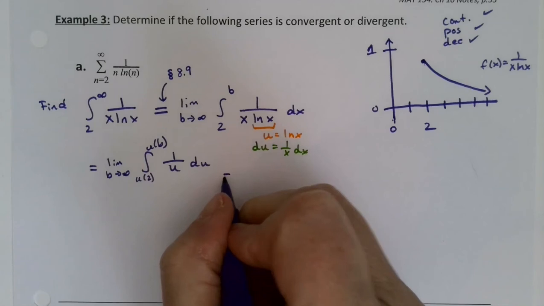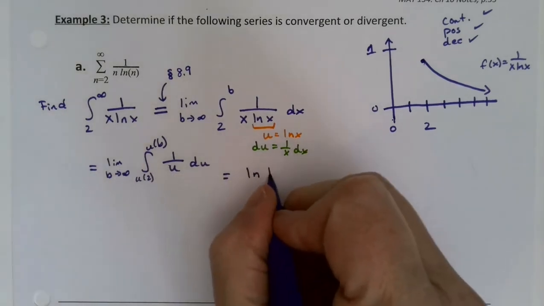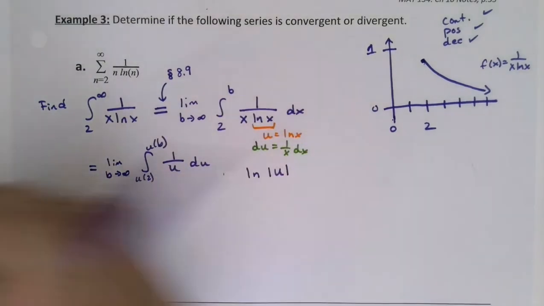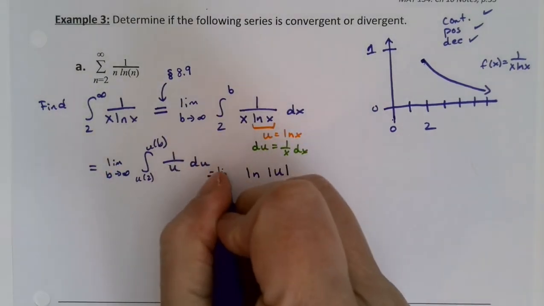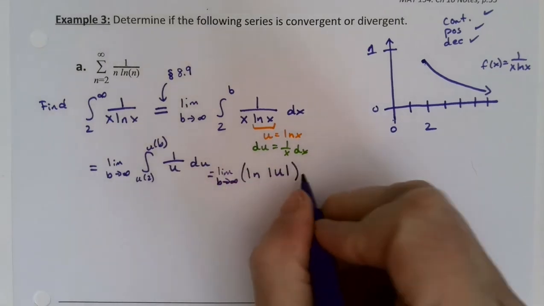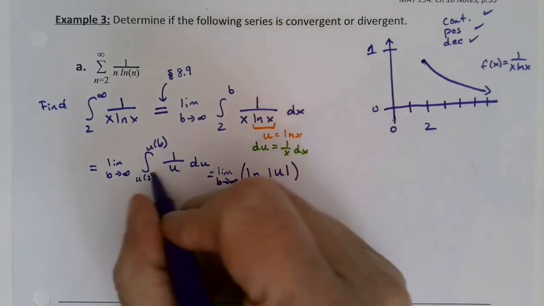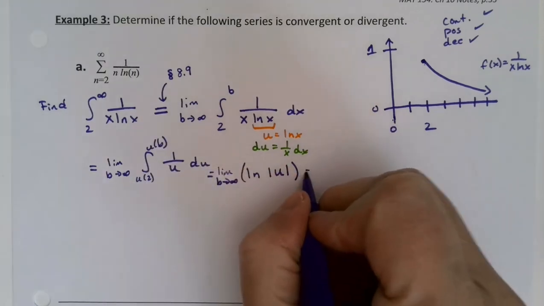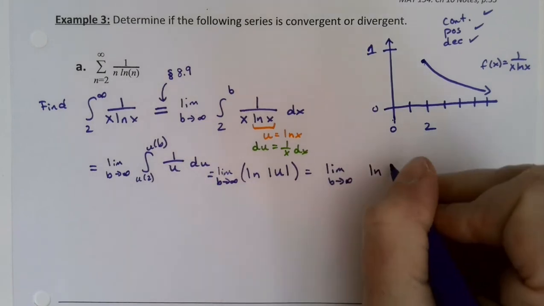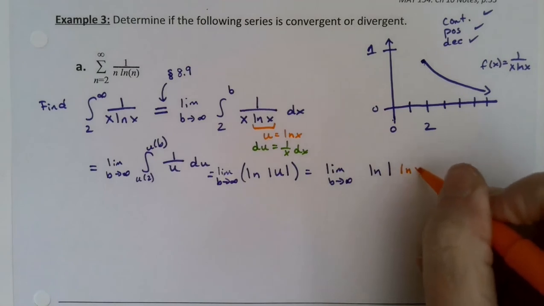The integral of 1 over u is natural log of the absolute value of u. But I'm still taking the limit. The limit as b goes to infinity of the natural log of the absolute value of u, and again that's from our two values, so we're not going to bother with that. So that equals the limit as b goes to infinity of the natural log of the absolute value of, and u was the natural log of x.